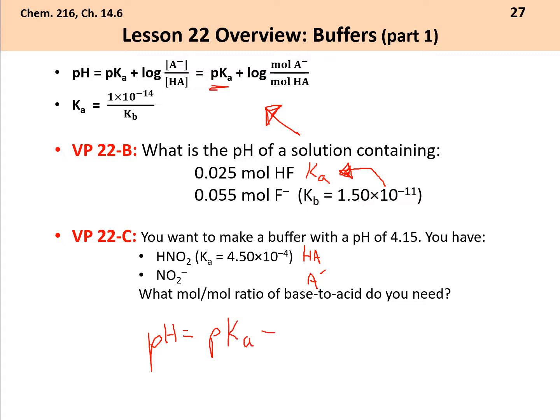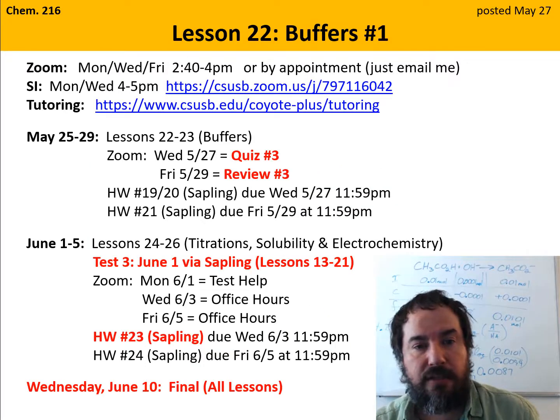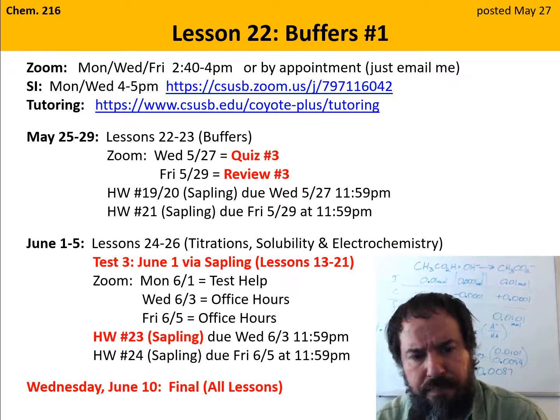And what's it asking for? It's asking for this ratio, this base to acid ratio. This is what you're trying to find, okay? So plug in your pH, plug in your pKa, and try to find this A- over HA, okay? You're going to have to remember what the opposite of log is, and that's 10 to the x, okay? It's on your calculator.